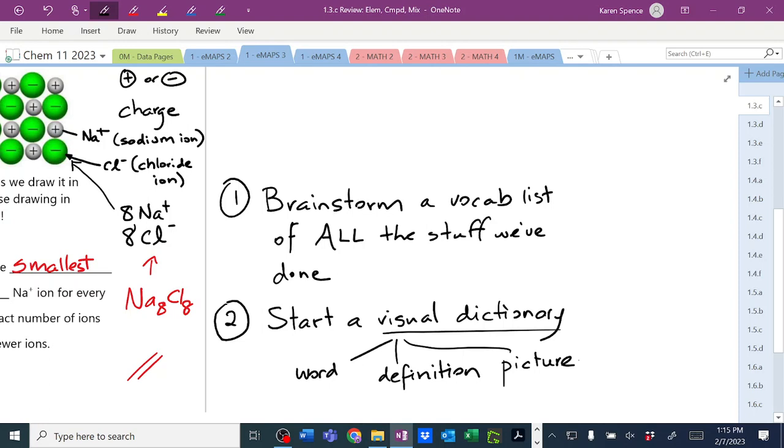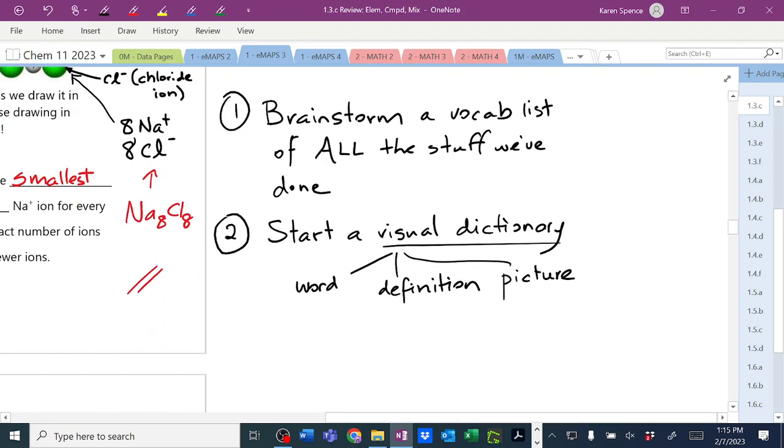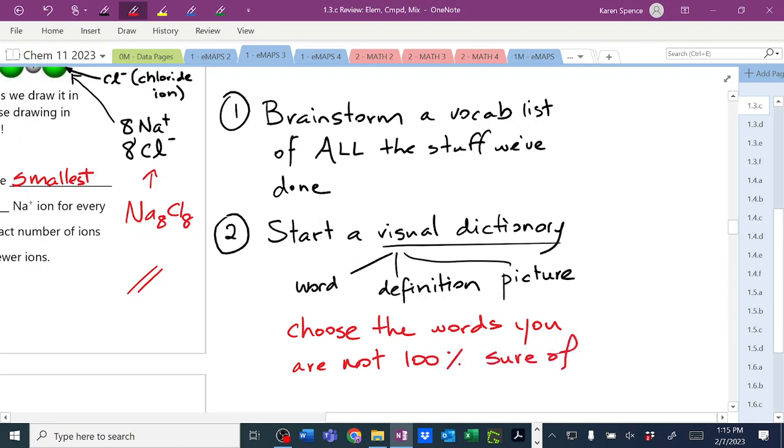So you're going to choose the words that you're not 100% sure of at this point. If you're 100% sure of it, don't do it. Okay?